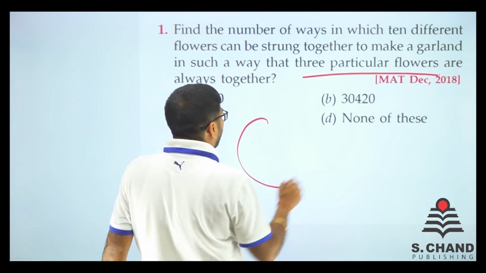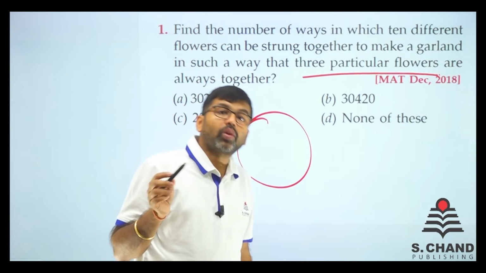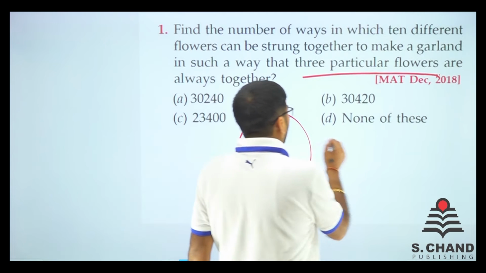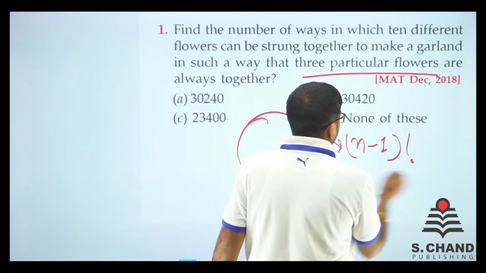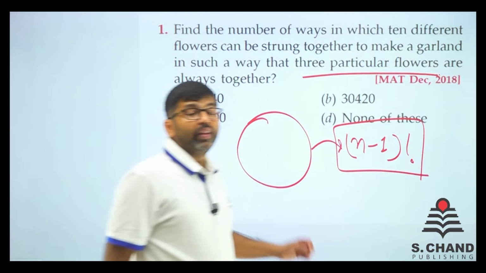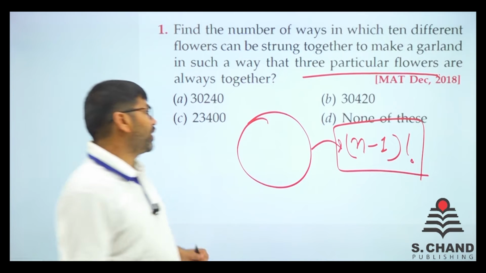If there is a circular arrangement, just remember, it is always n minus 1 factorial.